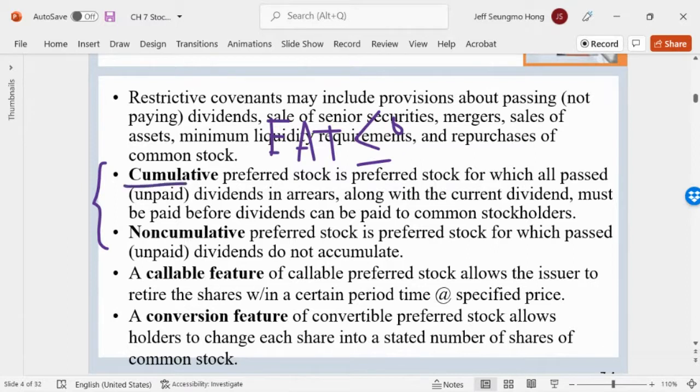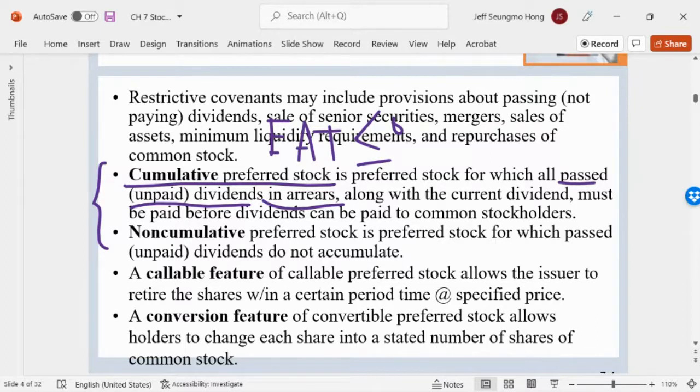So there is cumulative preferred stock. That means they will have to pay all passed-up dividends, and passed-up dividends are held in arrears. If something is in arrears, that means you are behind on payment, right? Arrears comes from the French word arrière, which means behind.